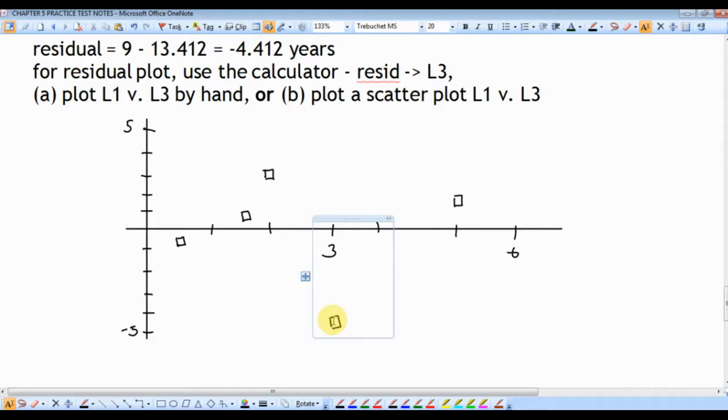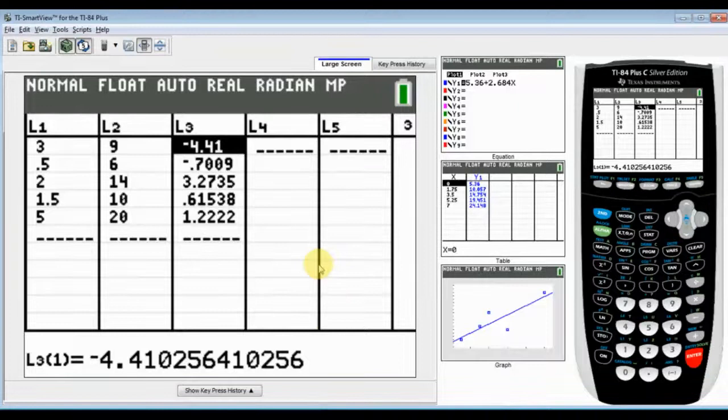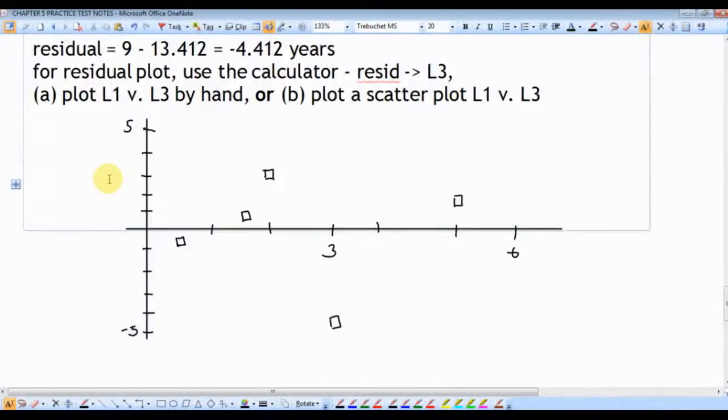I like using squares instead of dots. I recommend you do the same thing as well. Why? It's easier to see. And if you use a square, you have a little bit more room for error. We'll do the second one too then. The second one is 0.5 and negative 0.7. 0.5 is here, negative 0.7, that's about right here. So I'm good.